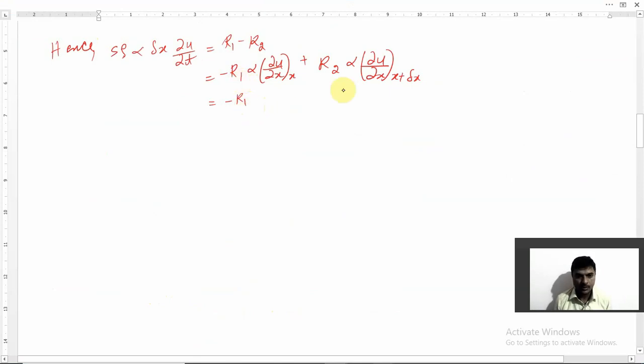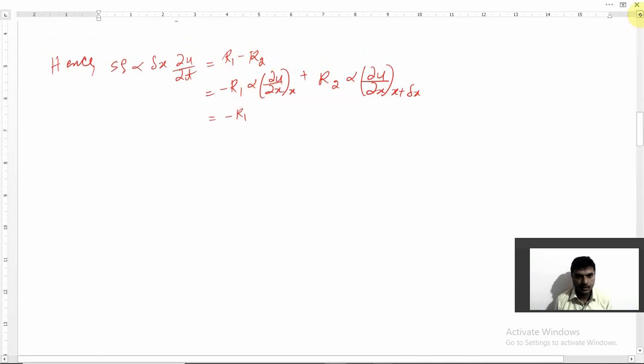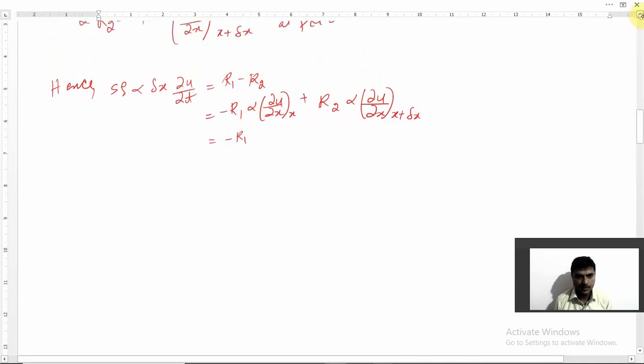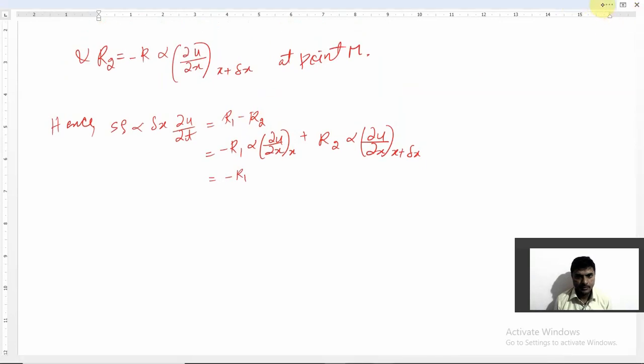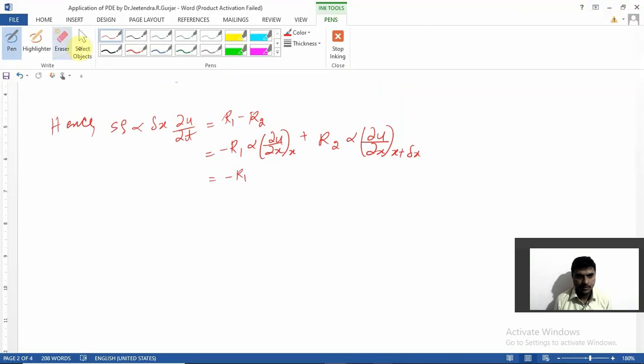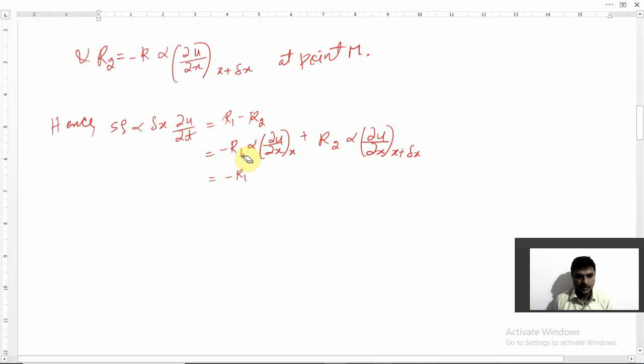See here R1 and R2. Just substitute in the equation, friends. R1 and R2 I have to substitute. Once again R1 and R2 you will not get here, or you will get R1 and R2 having substituted in the equation.